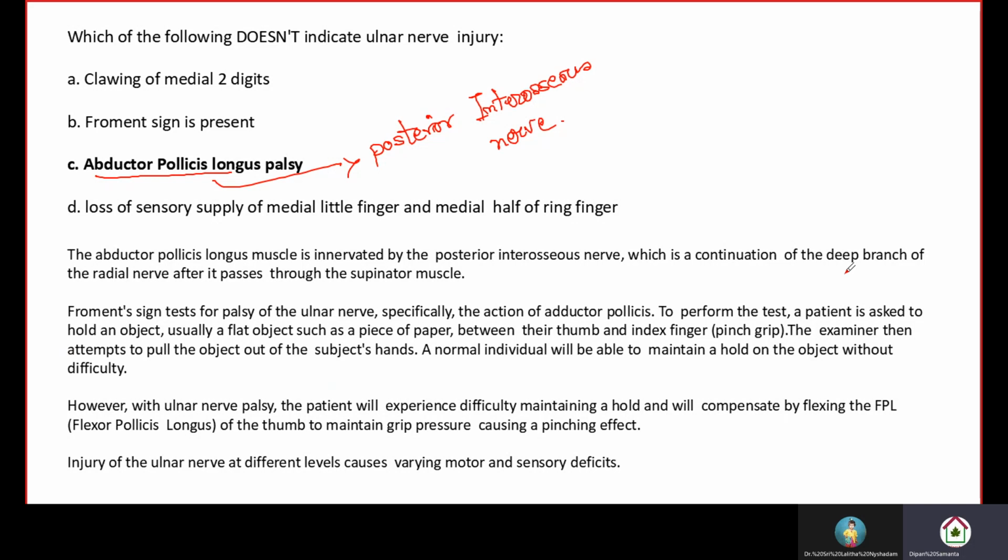So it is a continuation of the deep branch of the radial nerve, after it passes through the supinator muscle.